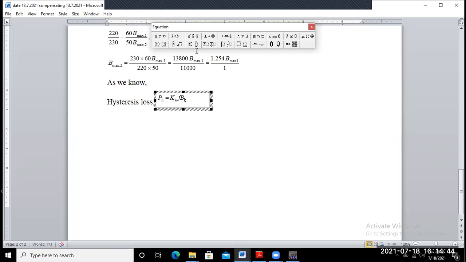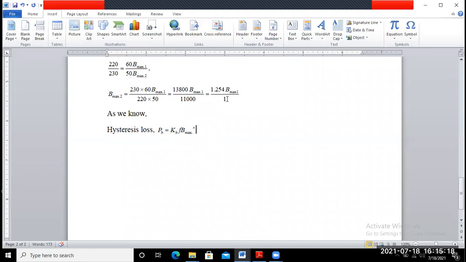That B maximum is your maximum flux density. So PH equals kh into frequency into B maximum to the power x.